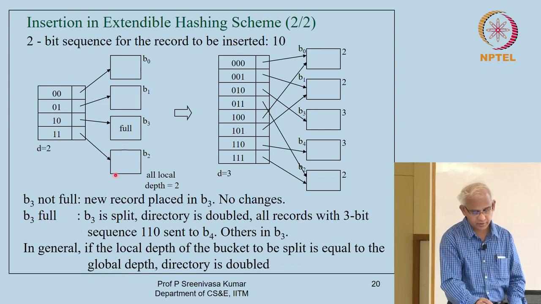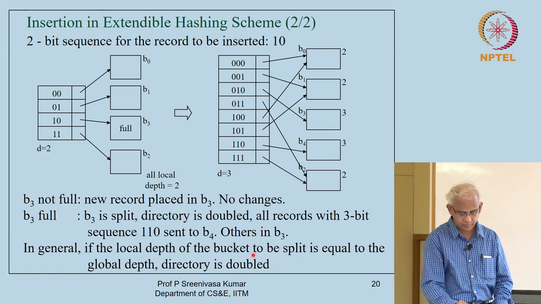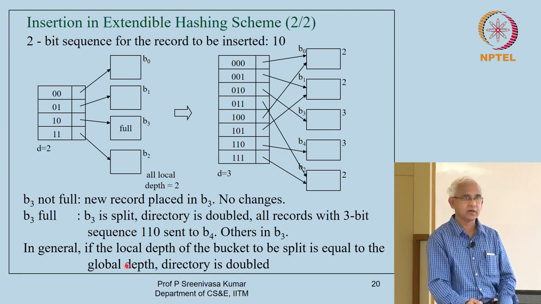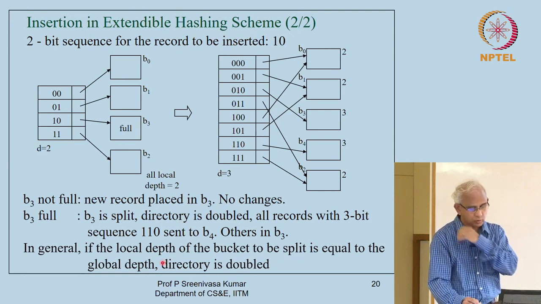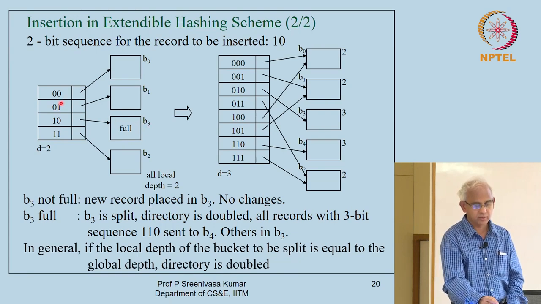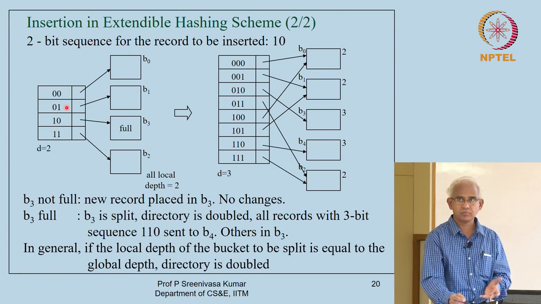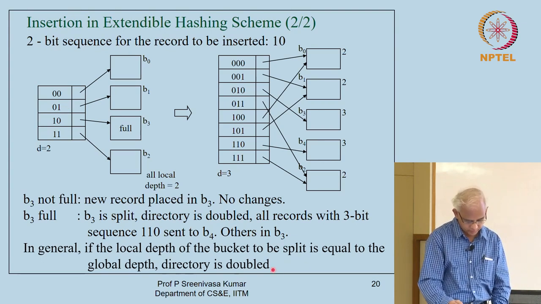In general, before we consider deletion, if the local depth of the bucket that has to be split is equal to the global depth, then the directory structure has to be doubled. Okay. The directory has to be doubled.